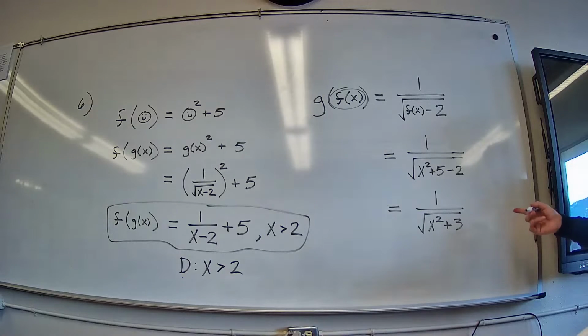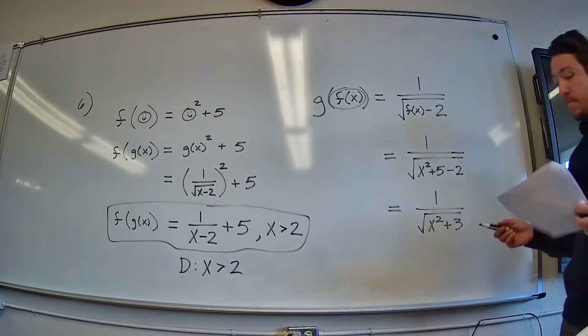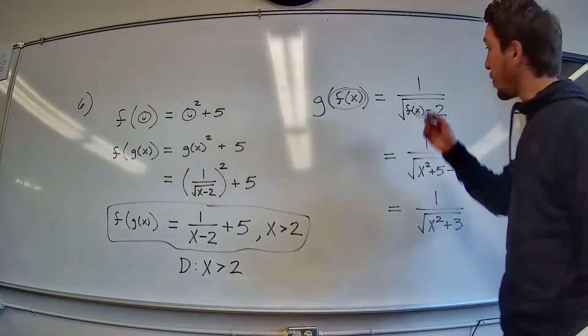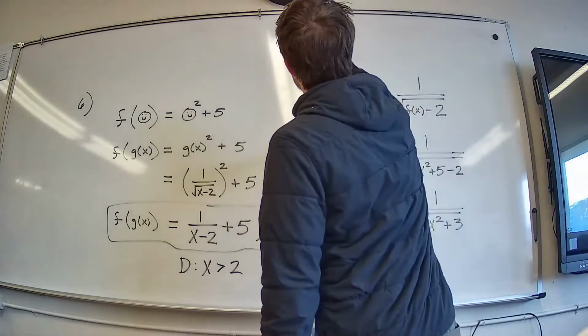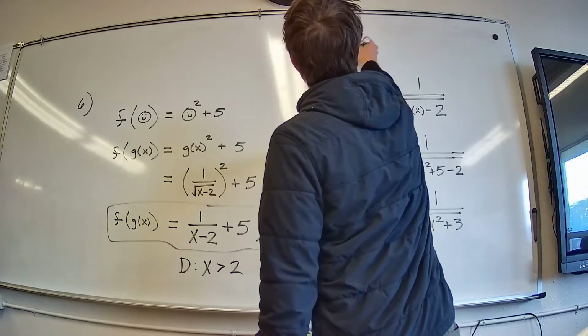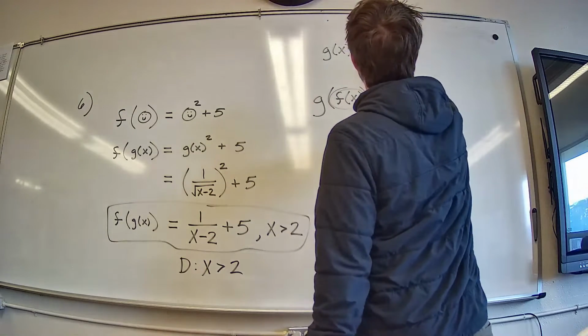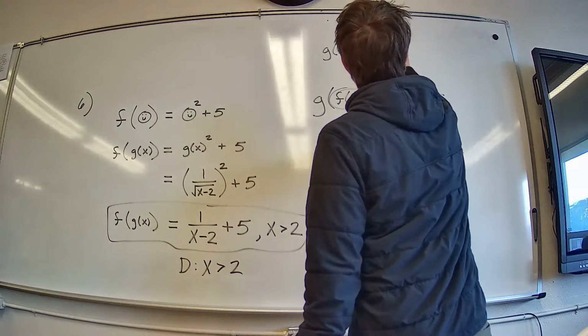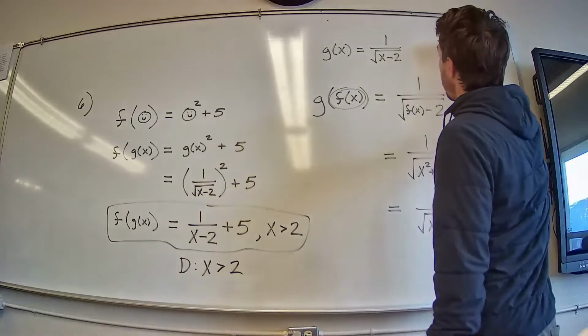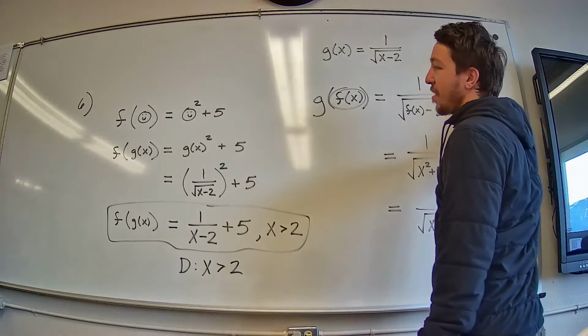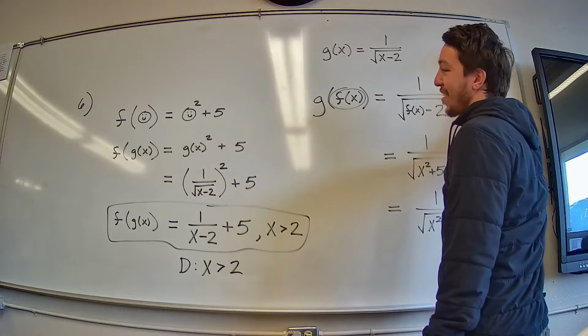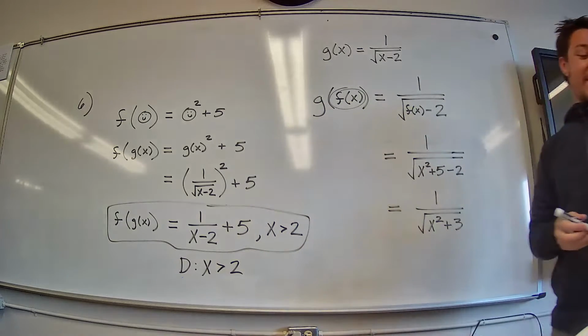We understand that? No? I got lost somewhere at the beginning. Okay. G of x is 1 over the square root of x minus 2. Oh, I'm on the wrong problem. Never mind. I've solved my problem. I see that would be confusing.